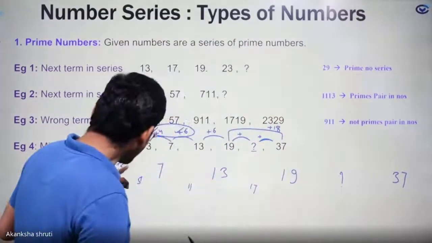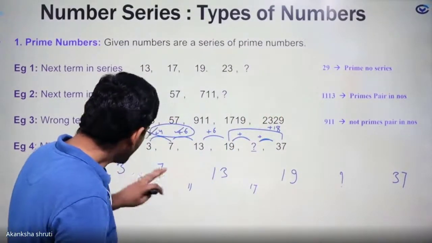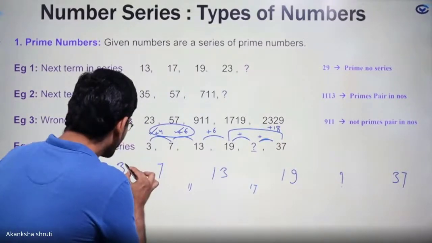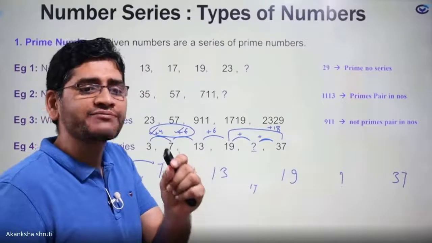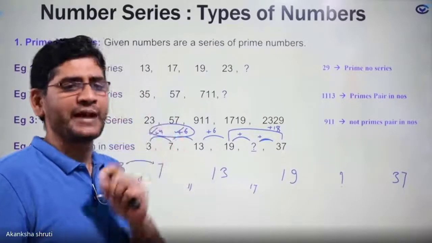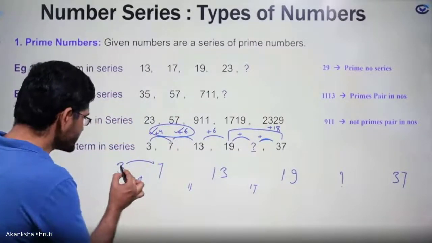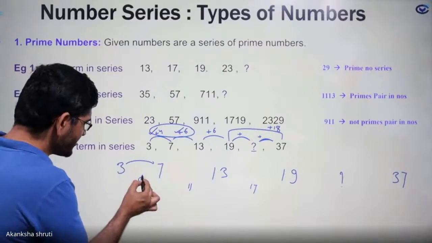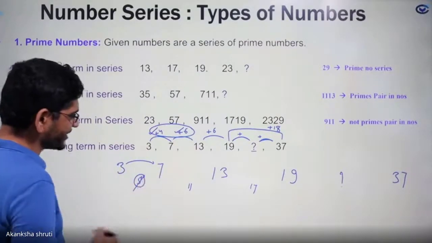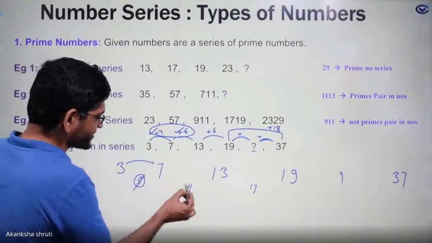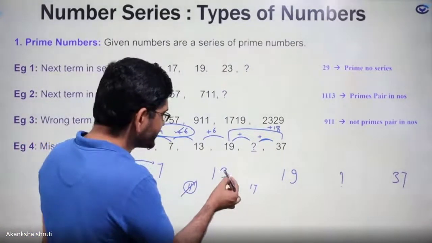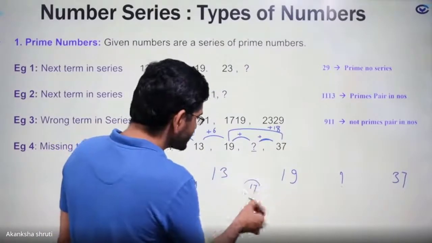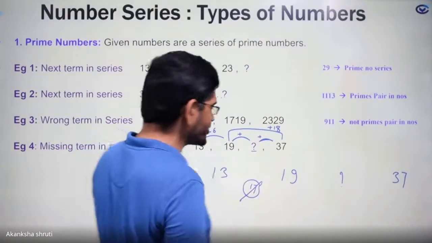So we are getting from here that these primes are given after skipping one prime number. Means starting from 3, 5 is skipped, 7 is written. After this 7, 11 is skipped, 13 is written. After this 13, 17 is skipped, 19 is written.